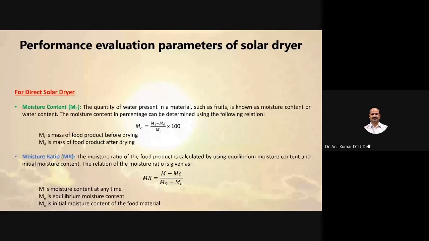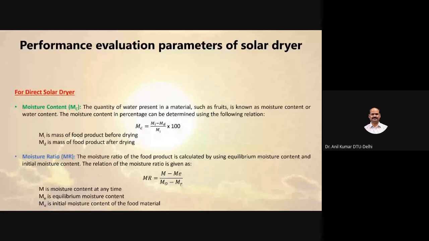We should always consider this term, because for a high moisture content crop the equilibrium moisture content could be very low. But for a rubber sheet, the initial moisture content is around 40%, 38%, and we need to reduce it to about 0.6%. So the initial moisture content is not very high, less than 50 or 40% only.